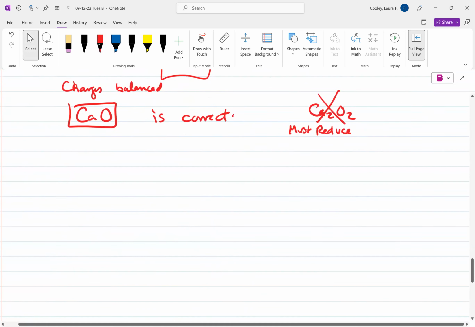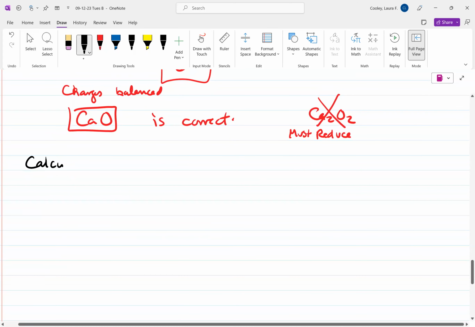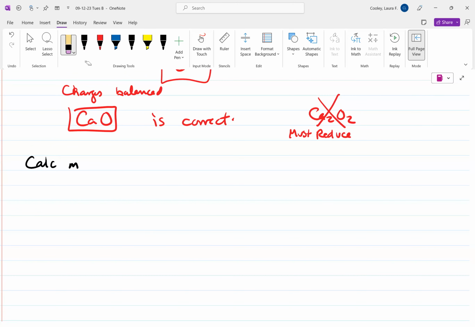Okay, I'll do another example. Calcium bromide. So this is Ca2 plus. If we look on the periodic table, we see that bromide is in group 7A or group 17.